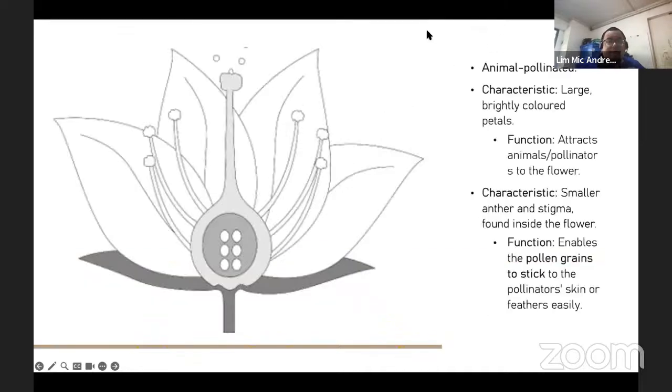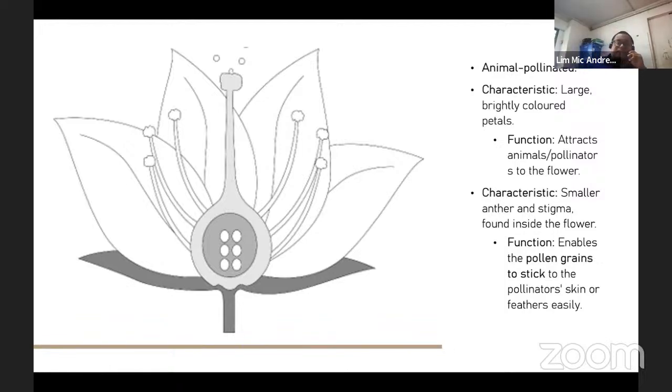Next, animal-pollinated flowers are different. Wind-pollinated flowers do not need to look bright. They don't have to attract anyone because by nature there will be wind on this planet. However, animal-pollinated flowers need to attract bees. They need to be very beautiful and have a very sweet smell, to say, come, come to my flower.